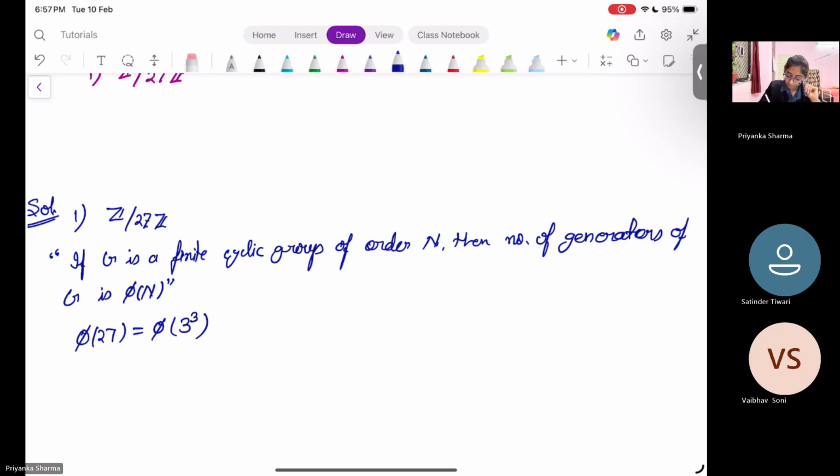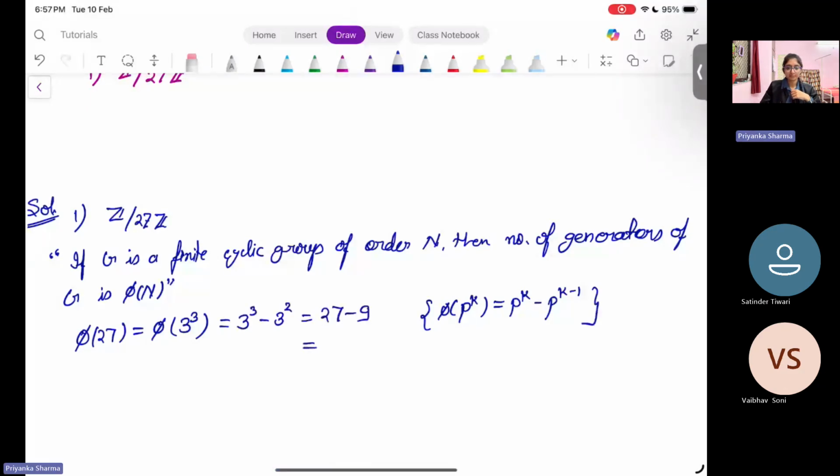What is phi of p to the power k? Phi of p to the power k is p to the power k minus p to the power k minus 1. So this will be 3 cube minus 3 square, that is 27 minus 9, which is 18.